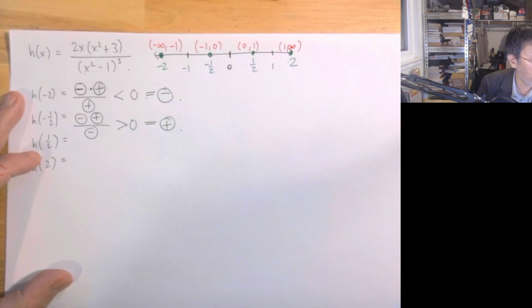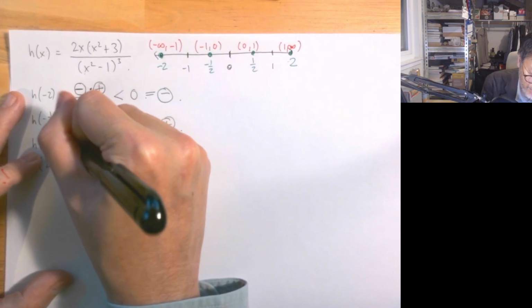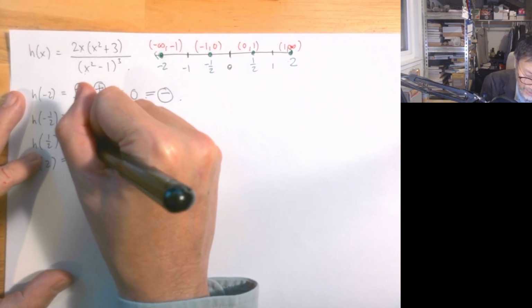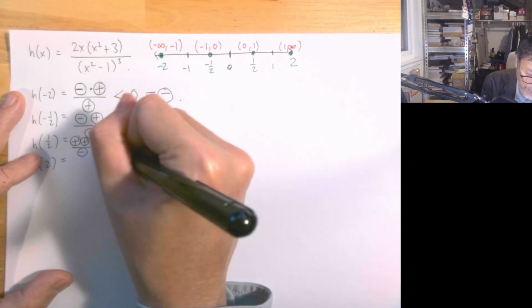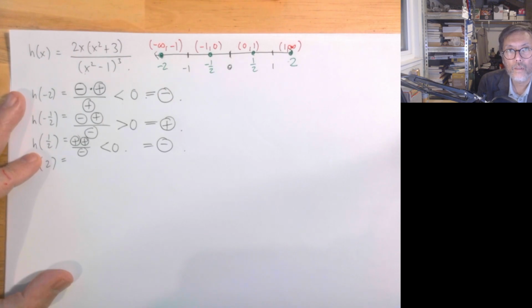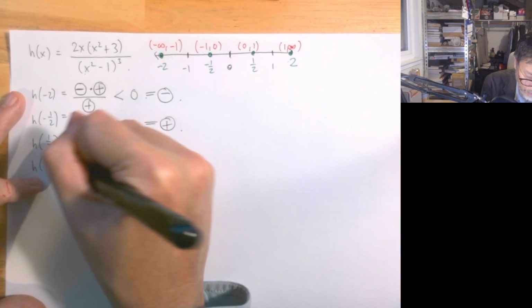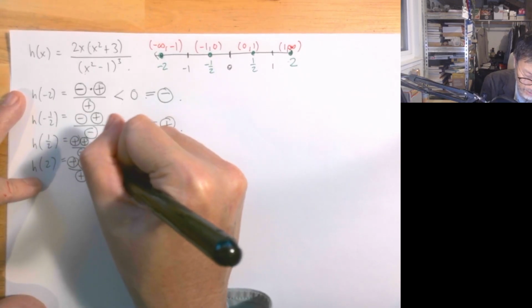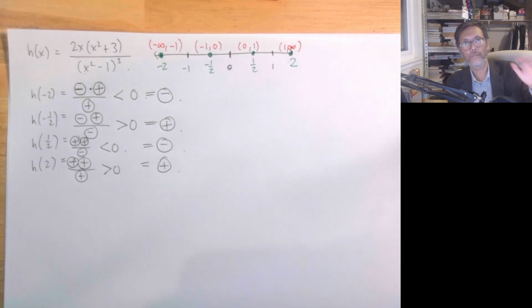You do it with h of 1/2, and what you're going to find is that you have positive and then positive divided by negative. So this ends up being negative. And for h of 2, I think everything inside is positive, which is greater than 0, and this is positive. Okay?